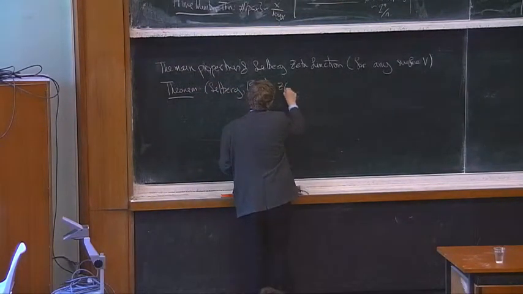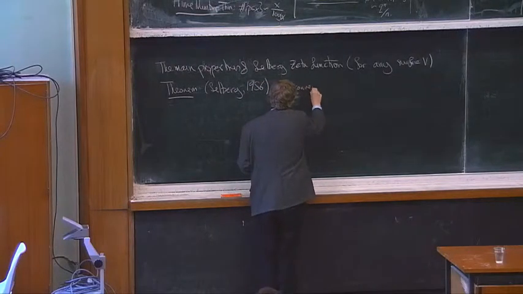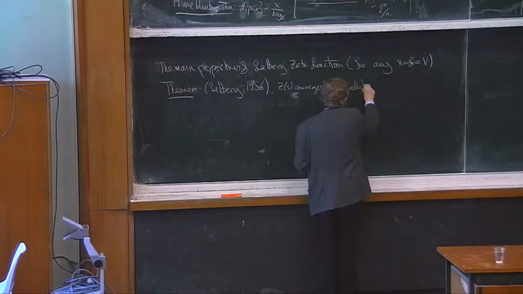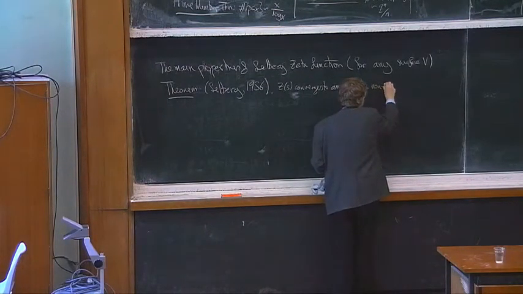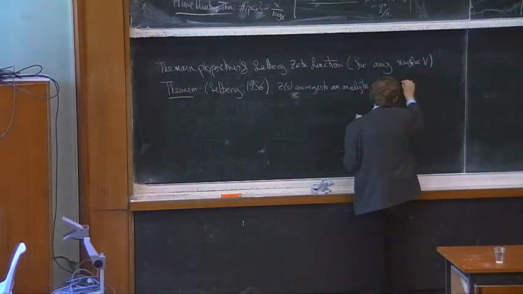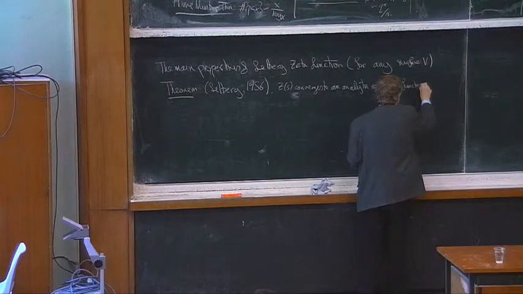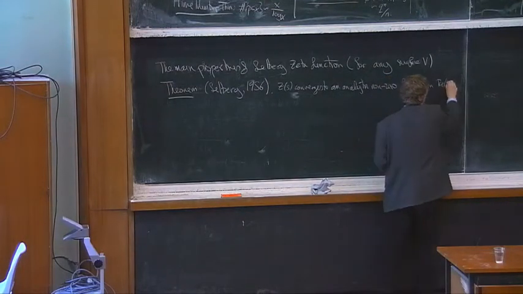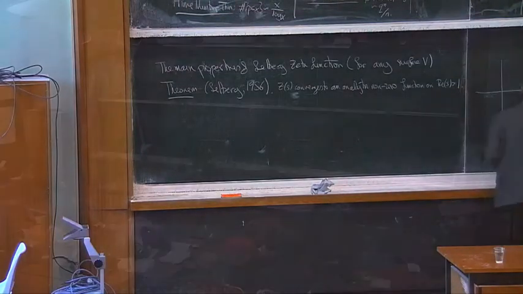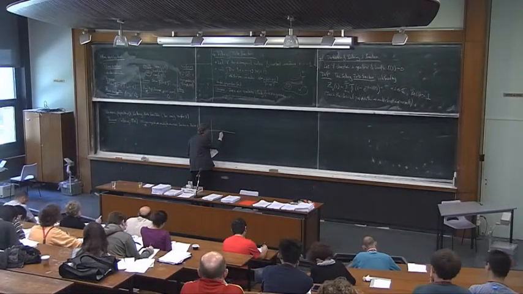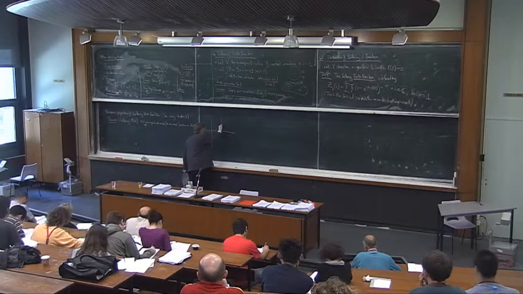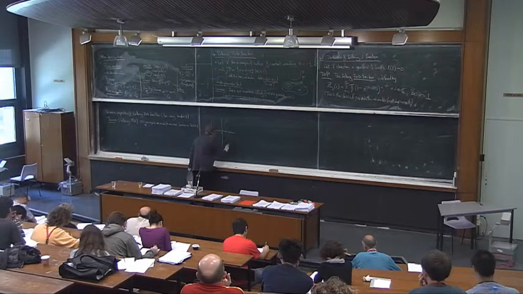First of all, zeta of s converges to an analytic non-zero function on the real part of s greater than 1. That's the easy part. So in the domain, here is 1, and all I'm saying is that it converges to an analytic function to the right of this line, which is non-zero.